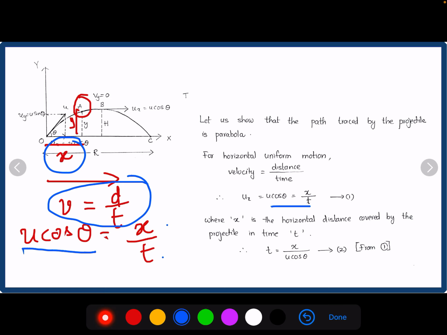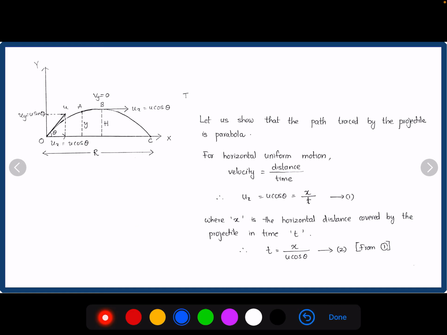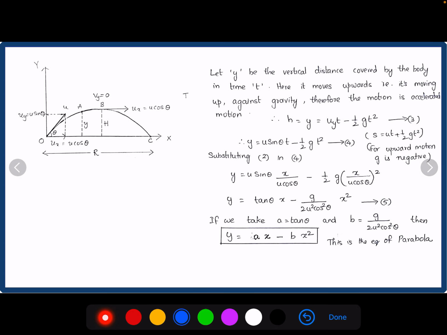Therefore, t is equal to x by u cos theta. So, equation 1: u cos theta is equal to x by t. From that, t is equal to x by u cos theta.